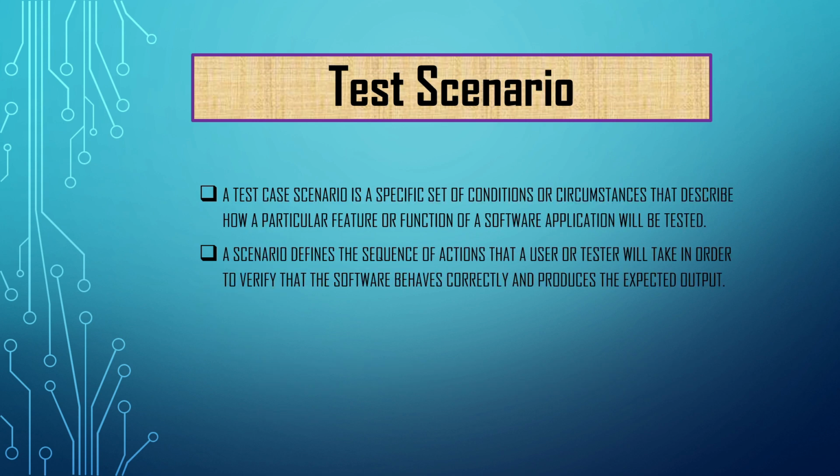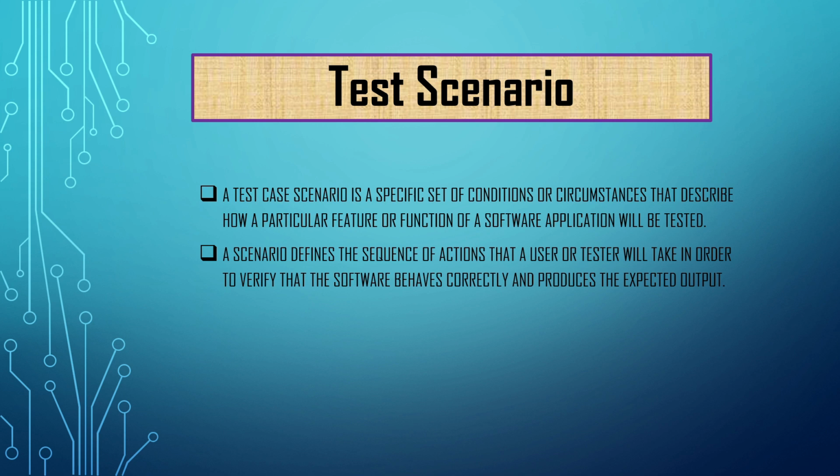Okay, now let's jump into test scenario. A test scenario is a specific set of conditions, like how you are going to create your test case, or how that particular application will be tested. That is called your test scenario. This is what a user or tester will take in order to verify that the software behaves correctly and produces the expected output.